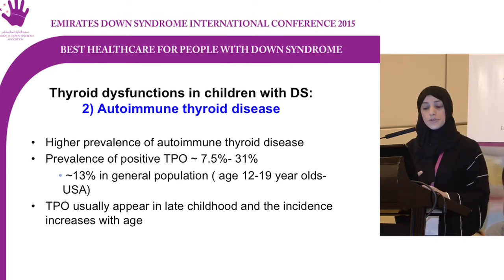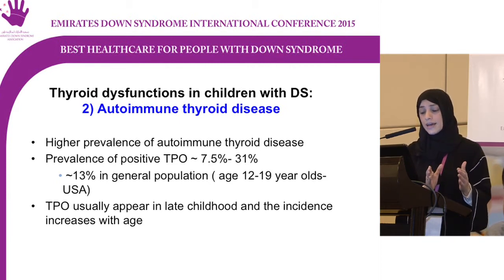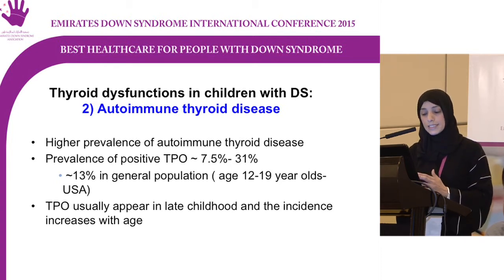The thing we need to keep in mind is that even if the kid has normal TPO antibodies early in life, the cumulative incidence of developing autoantibodies is going to increase with age.